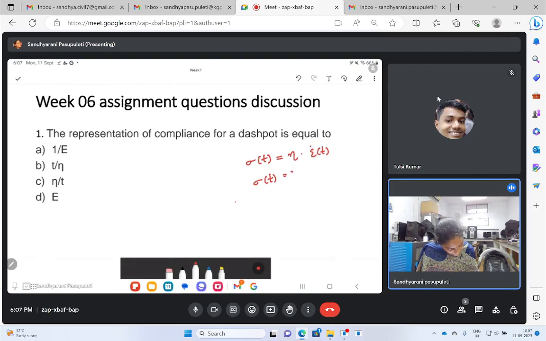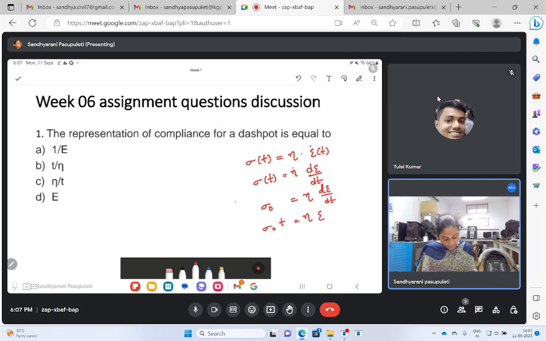So this we can write as d sigma by dt at any given instantaneous stress, viscosity equal to d epsilon by dt, which we can write as sigma t into eta into epsilon.